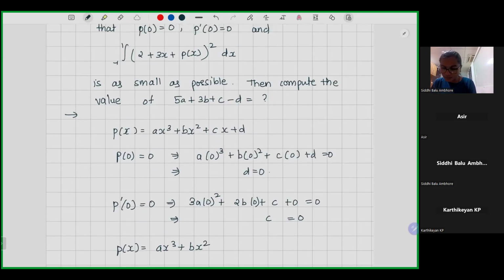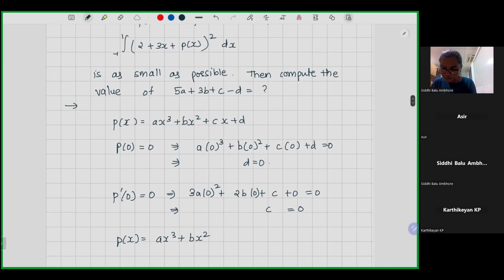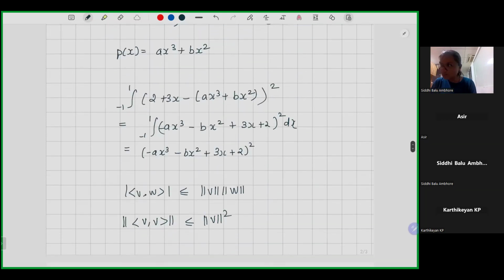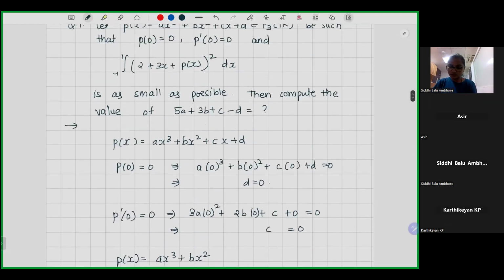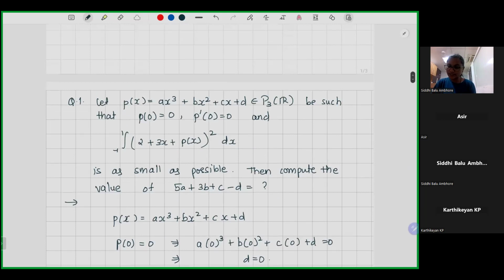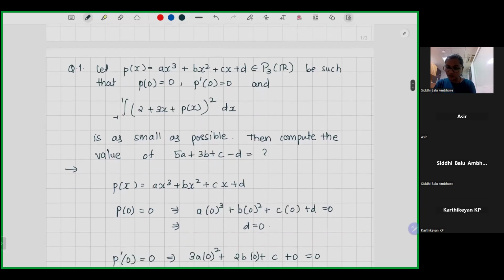Because they have said this is as small as possible, we have to actually compute the norm of this thing.